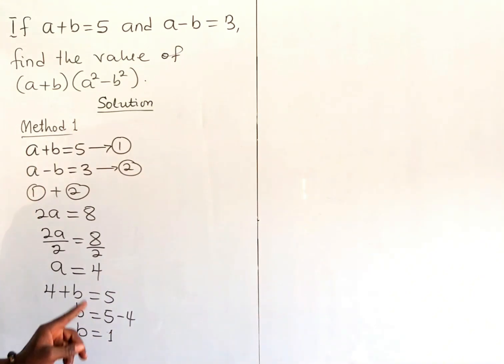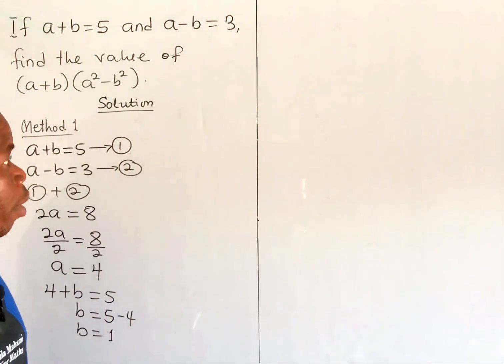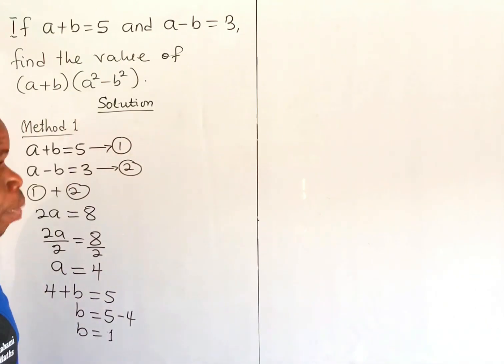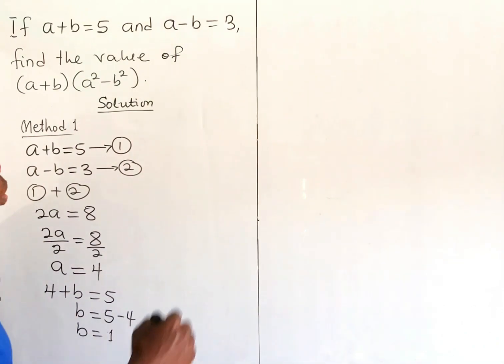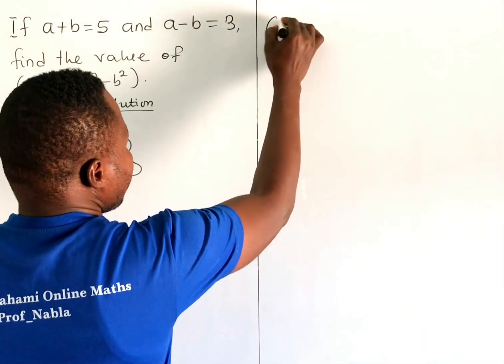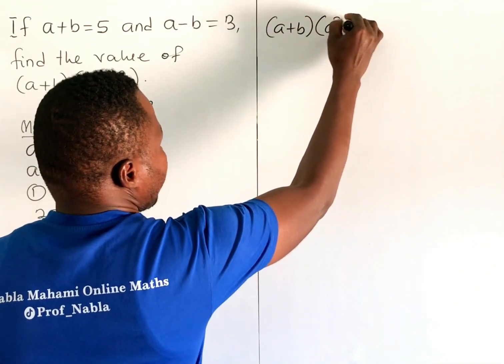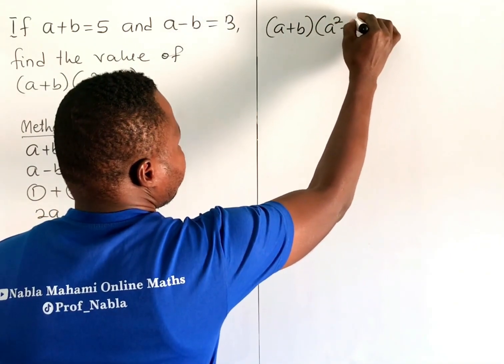So now, we know A to be 4 and B to be 1. But the question is asking us to find A plus B multiplying A squared minus B squared. That means wherever we see A and B, we substitute 4 and 1 respectively.